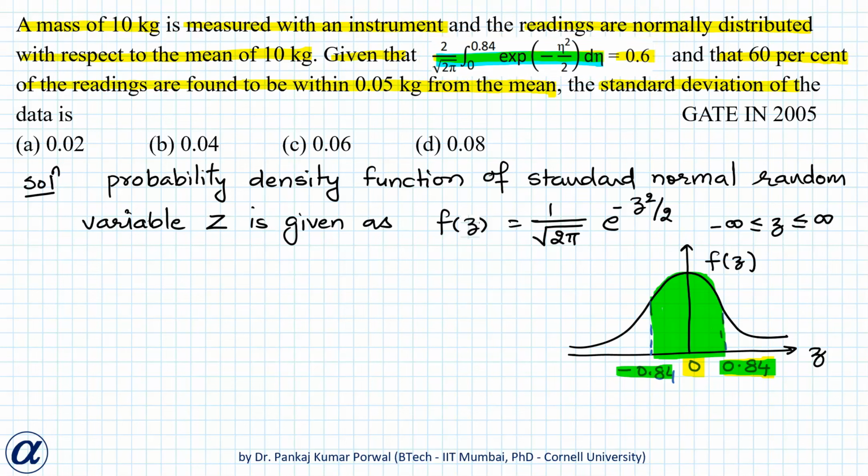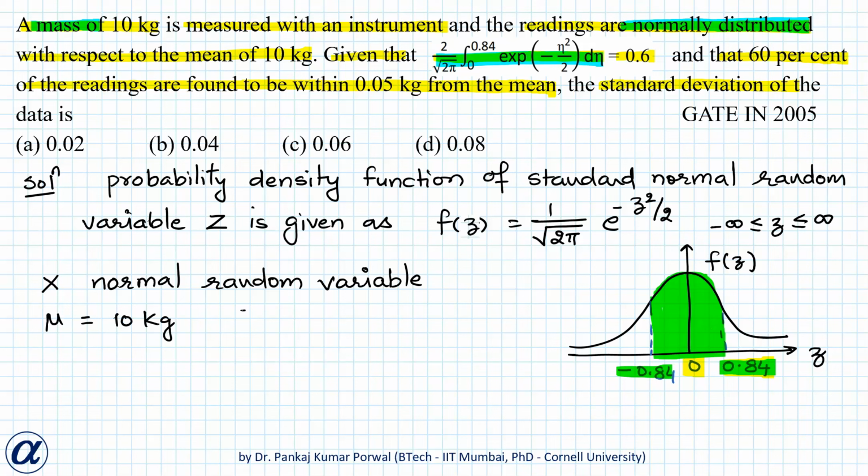And we are also given that the measurements of the mass are normally distributed random variables, and let's denote that random variable by capital X. Then capital X will be a normal random variable with mean mu equals 10 kg and standard deviation sigma unknown, and we are given that 60% of the readings are found to be within 0.05 kg of the mean.